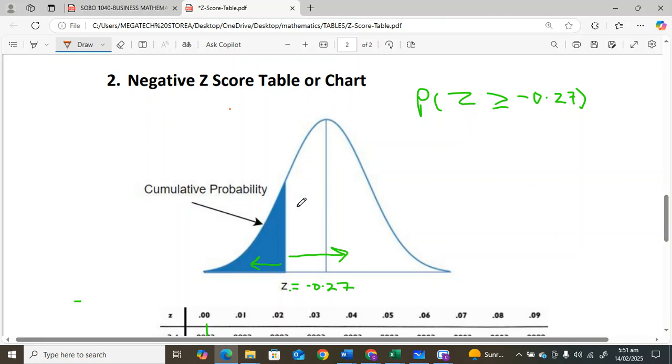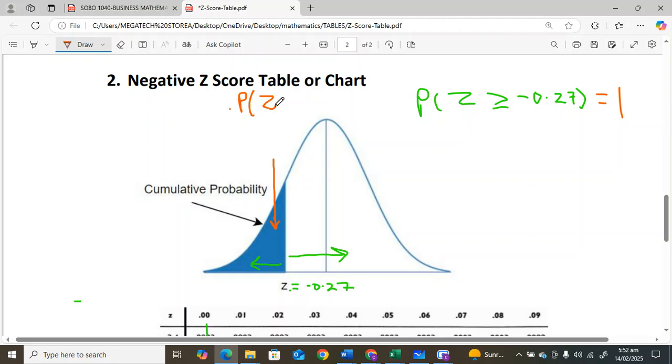So the probability in blue, how do we represent it in terms of this notation, P(Z)?